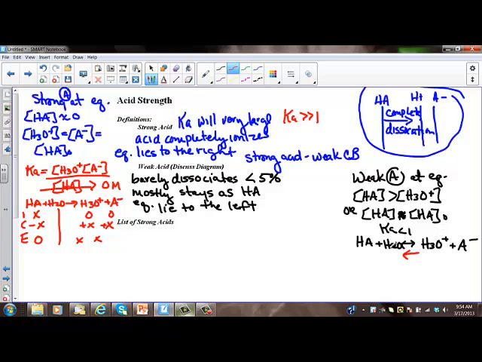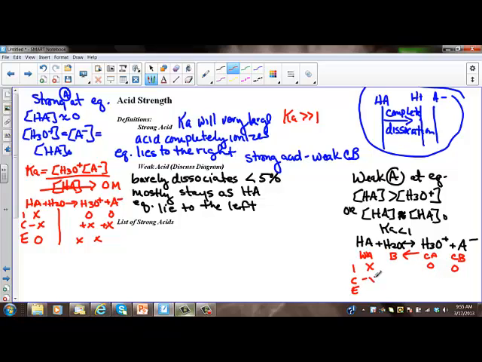The equilibrium lies to the left because this isn't going to dissociate, because this is a weak acid. This is considered my base. Remember, this is considered my conjugate acid. This is my conjugate base. So if I'm looking at an ice table, I'm starting with some known concentration. This is 0, this is 0.